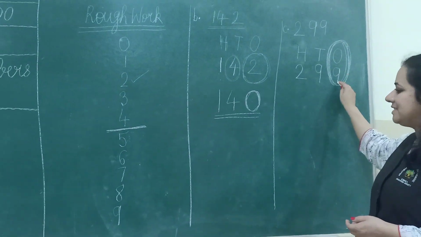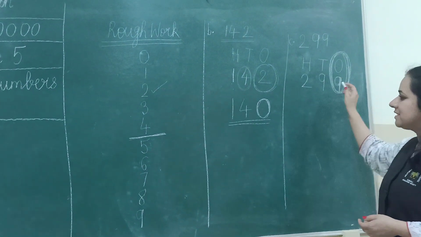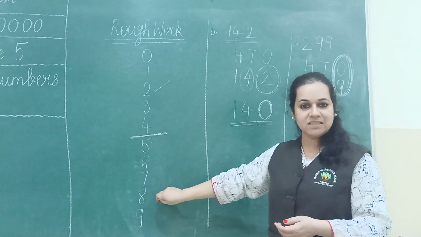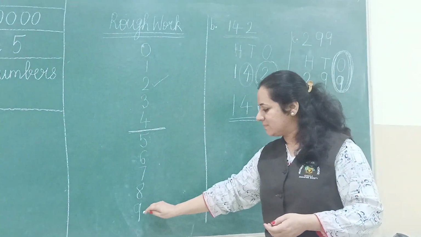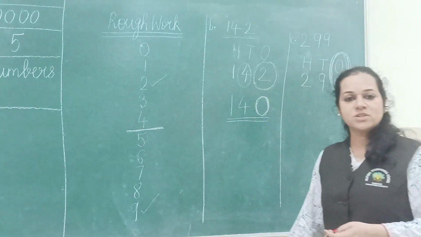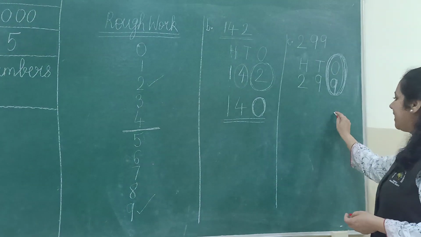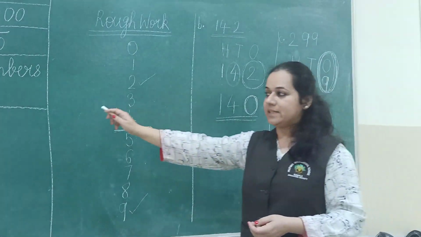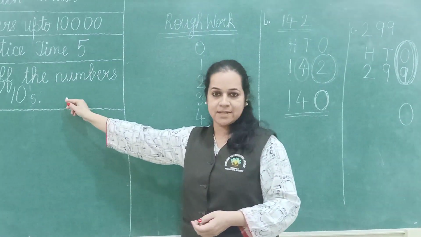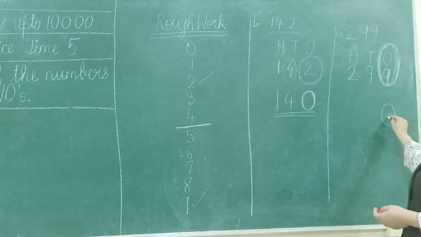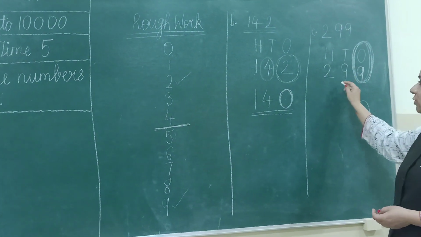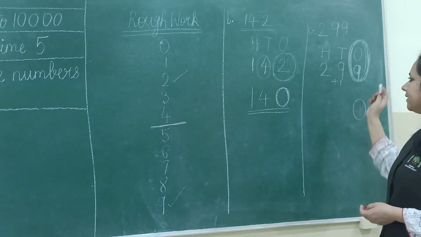Now we see whether 9 is smaller than 5 or bigger than 5. 9 is bigger than 5. So we will write 0 here because we are converting it to the nearest tens. The last number will be 0. Now for the number in the tens place, we will add 1.